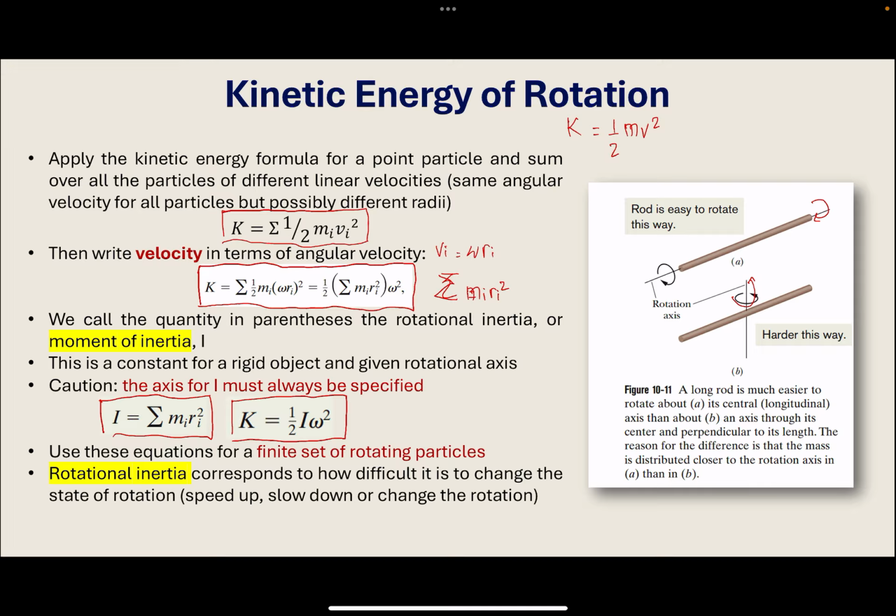That's why we must always specify the axis of rotation when giving I. It's not just about the shape or mass, it's about how the mass is distributed relative to the axis. In short, rotational inertia tells us how resistant an object is to change in its rotation. A flywheel, for instance, has a large moment of inertia to maintain steady rotation. It resists change in angular speed.